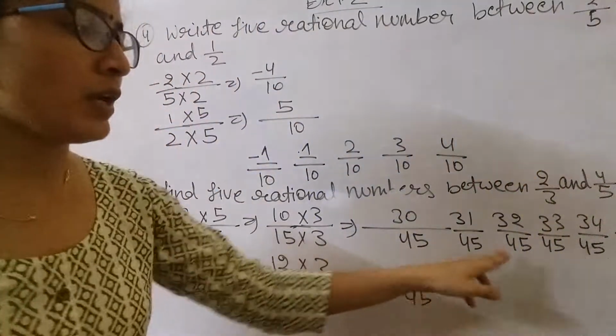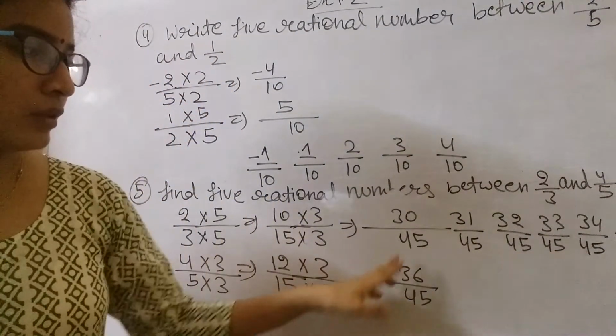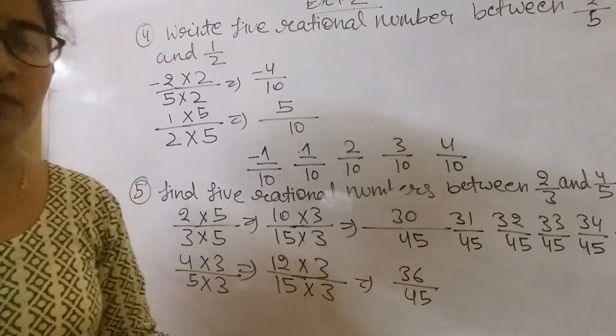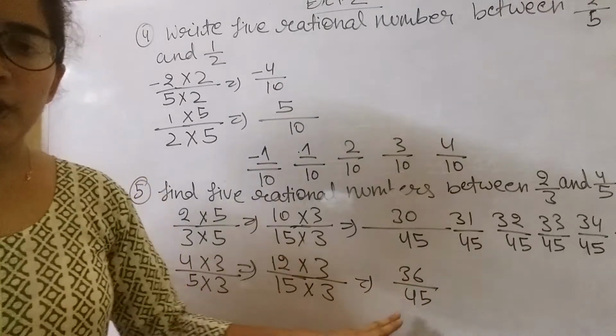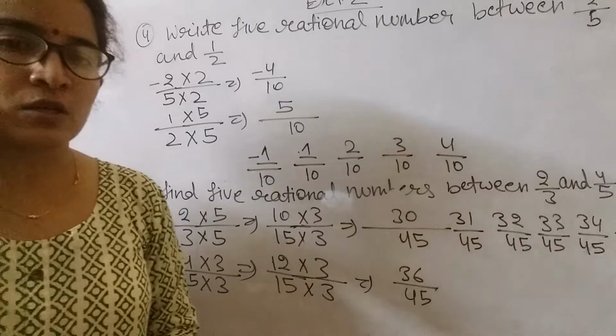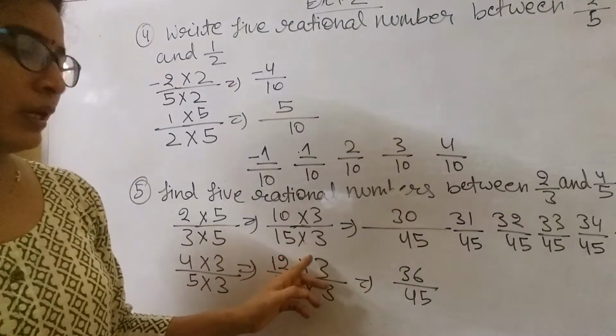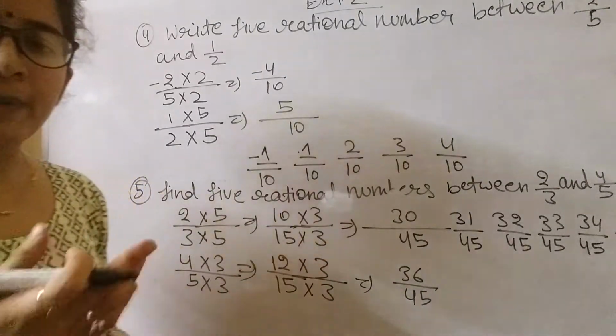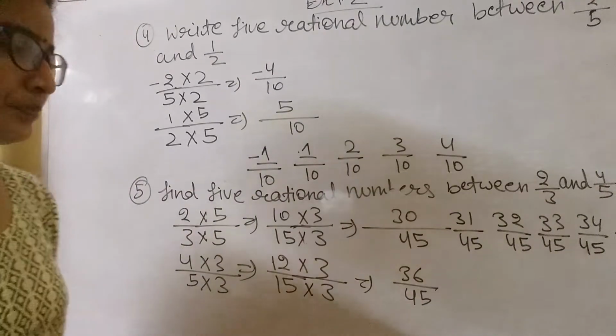So we need 5 rational numbers between 30 upon 45 and 36 upon 45. So we will get the numbers by multiplying the denominator by 3.